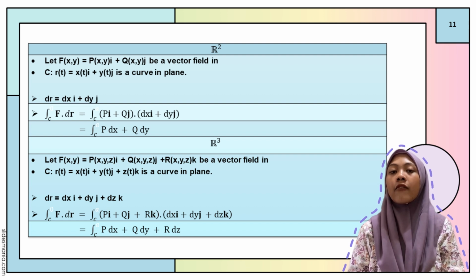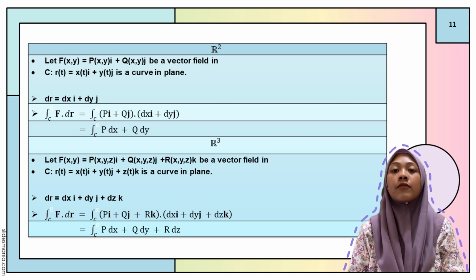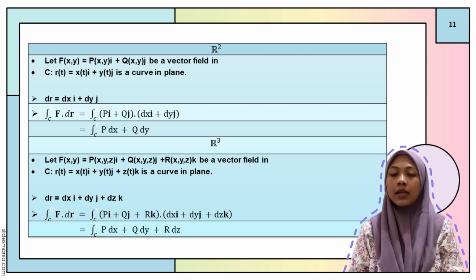Firstly, let F(x,y) equal to P(x,y)i plus Q(x,y)j be a vector field, and r(t) equal to x(t)i plus y(t)j be a curve in the plane. Then differentiate r and get dr equal to dx i plus dy j. Next, integrate F dot dr and simplify, we get the integral of P dx plus Q dy.